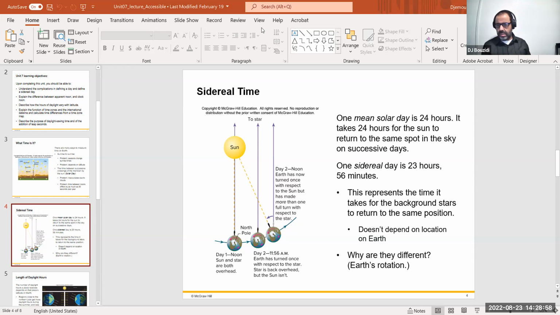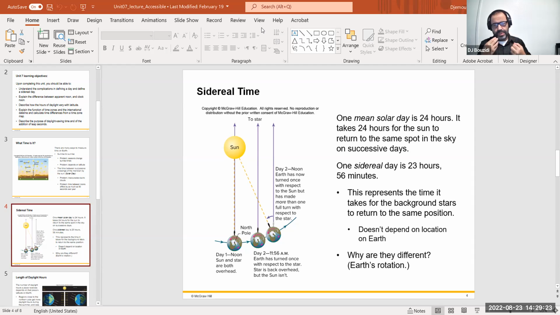It turns out, because we already defined the day as being 24 hours, that time has to be less, because the Earth is moving actually. So in order for the noon to happen, in order for the 24 hours to happen, the Earth has to actually make an extra, if you wish, spin on its own axis to make up for that difference.